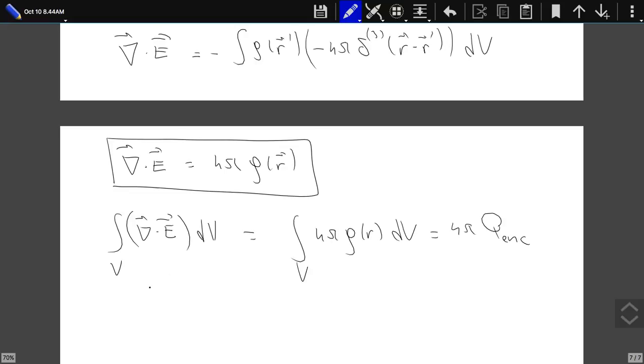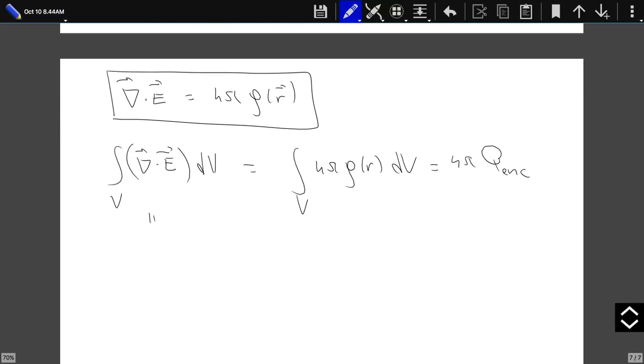On the other hand, we know the fundamental theorem of calculus. So this is equal to the integral of the electric field over the surface, which is the boundary of this volume. Since we have a volume, we are talking about the boundary of this volume as our surface S. It is a closed surface. This should be equal to 4 pi times Q enclosed.